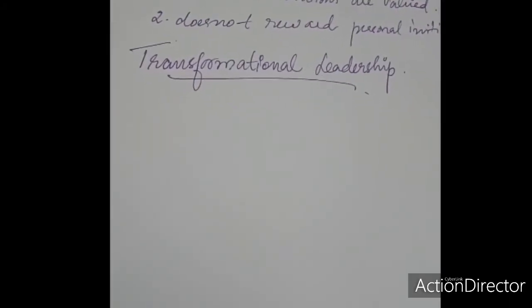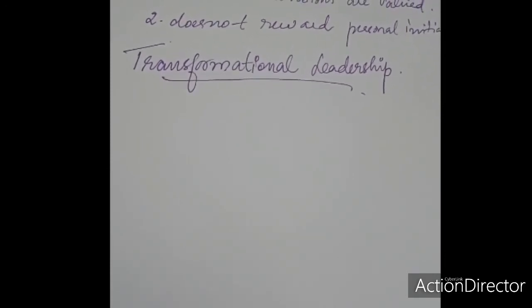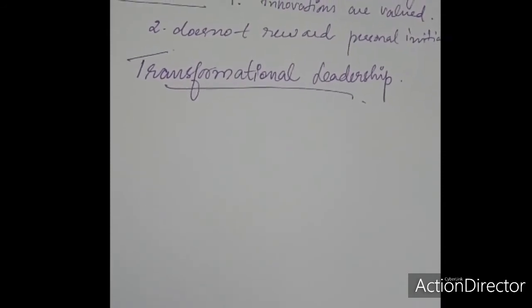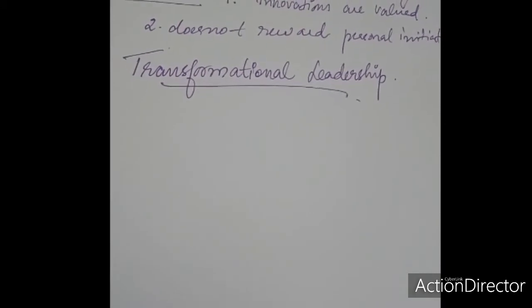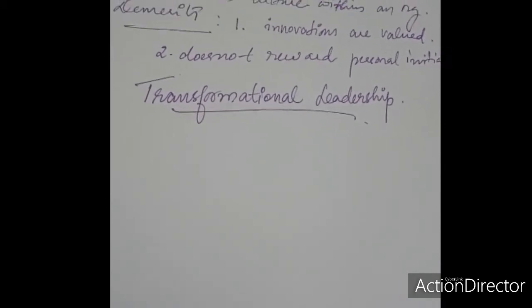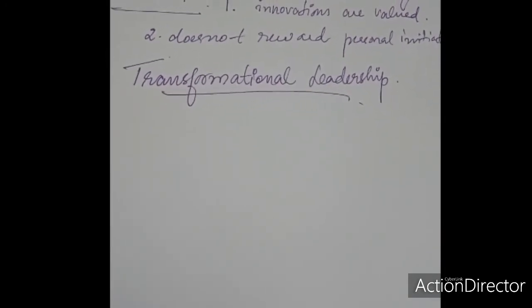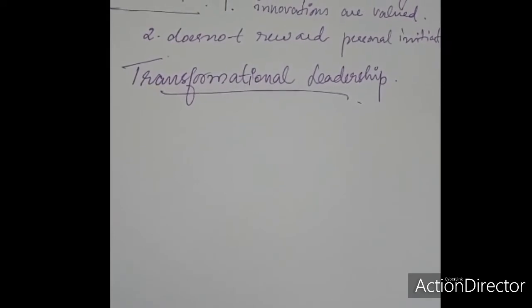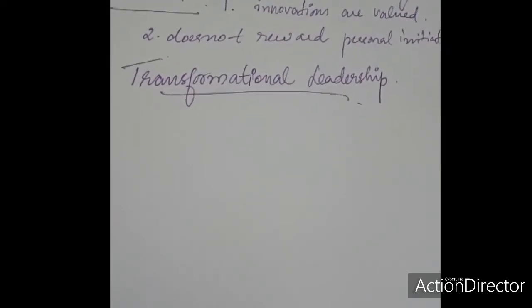Next, we learn about transformational leadership. Transformational leadership is encouraging employees and team members to work for the organization. It is not like there are predetermined goals as in transactional, but here there are more ideas being implemented. There is a change in the organization. So that is transformational.